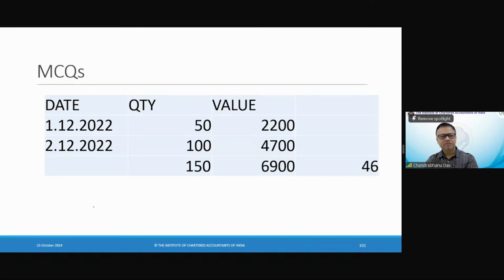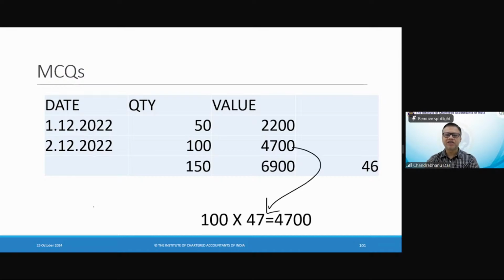The same thing. You have been given the date where opening is 50, and your value is given as 2,200. But on 2/12/2022, whatever inventory issued at 100, the value is 4,700. Why? Because 100 into 47 is 4,700. Clear?